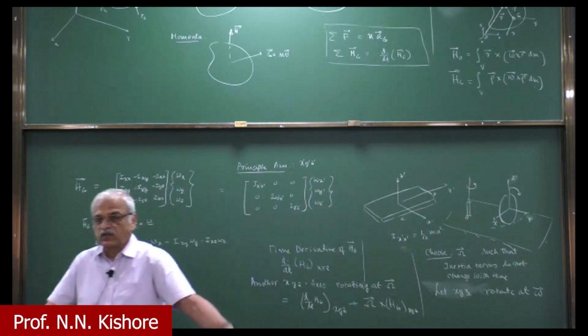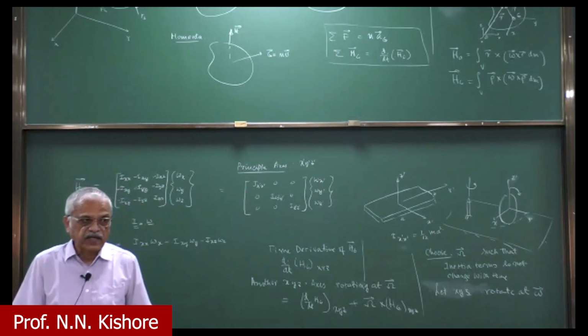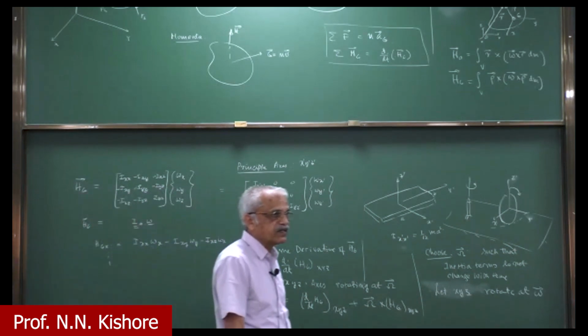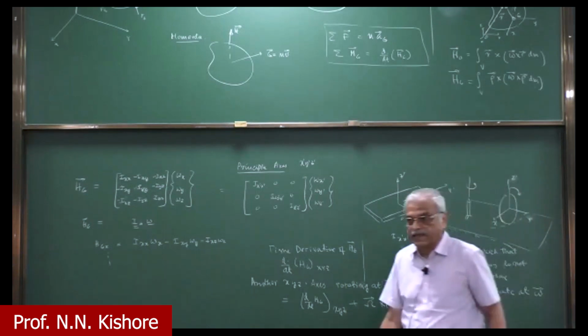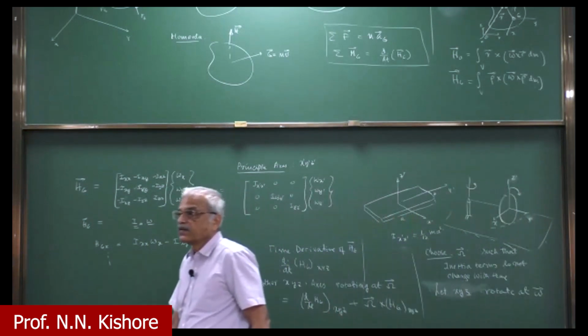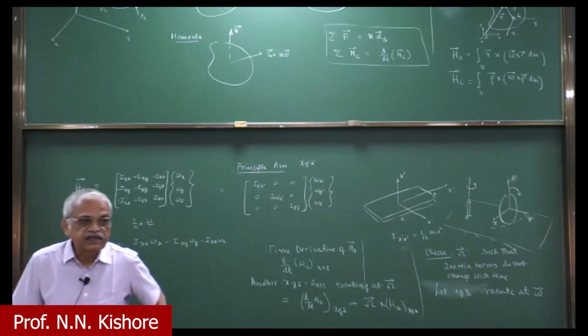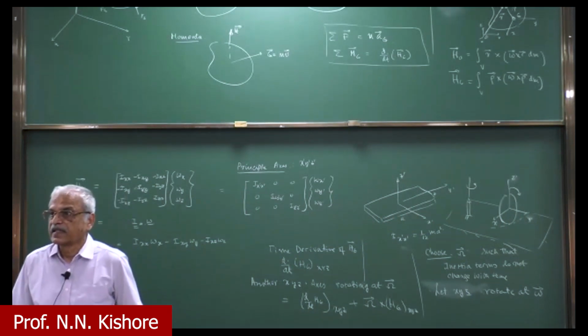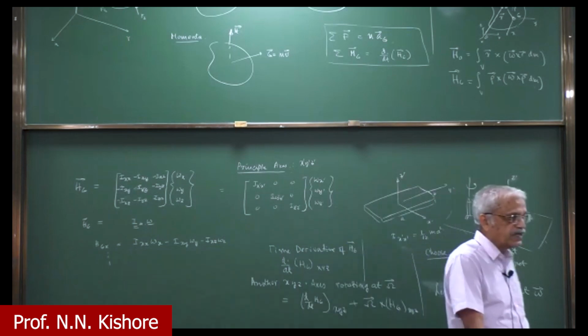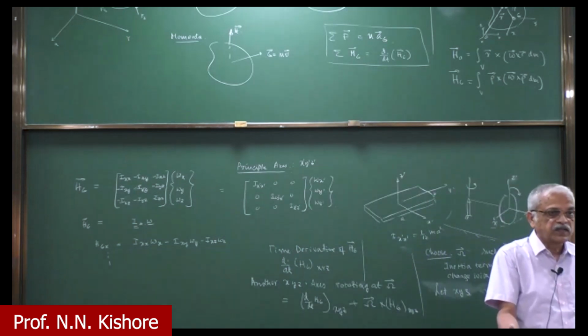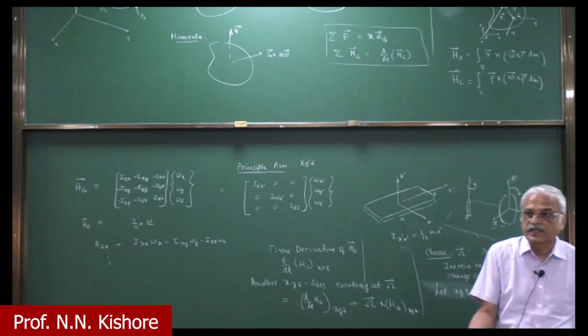If the body is rotating at small omega, and I have another set of small xyz axes which is also rotating at the same omega, then relative to small xyz the body is in a state of rest. So with respect to small xyz, if I find the inertia terms, will they change? They will not change, right?